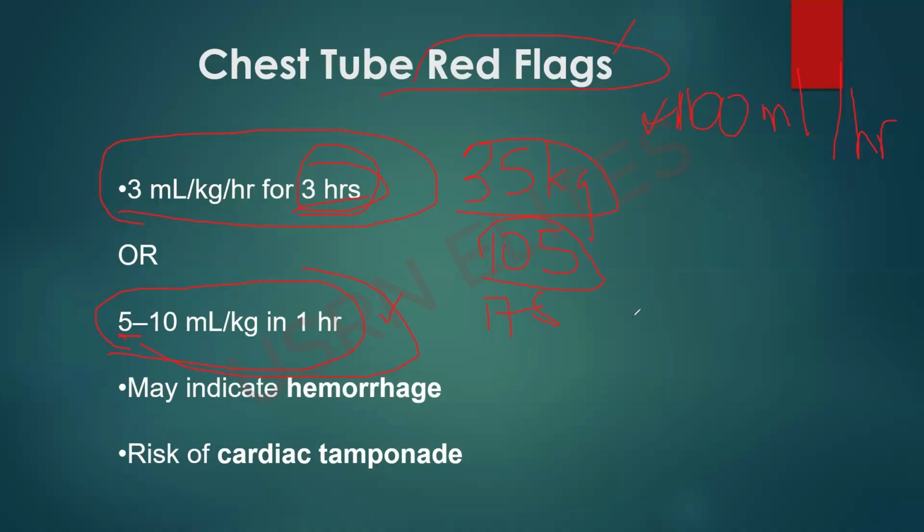And if you use the 10, it will be 350, which is already above the boundary. It's just a range that they normally state. So if you have this drainage within 1 hour, it's a cause for concern. So these are the red flags.